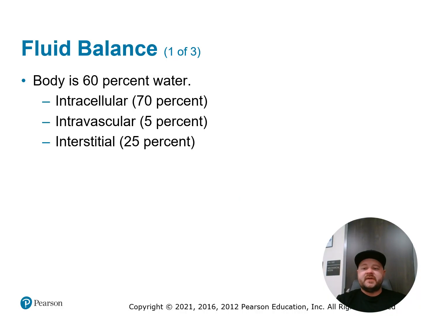All right, we'll talk about the pathophysiology of some other body systems. So fluid balance. Our body is about 60% water. Out of the water that's in our body, about 70% of it is intracellular, 5% is intravascular, and 25% is interstitial. That's just the space between everything.